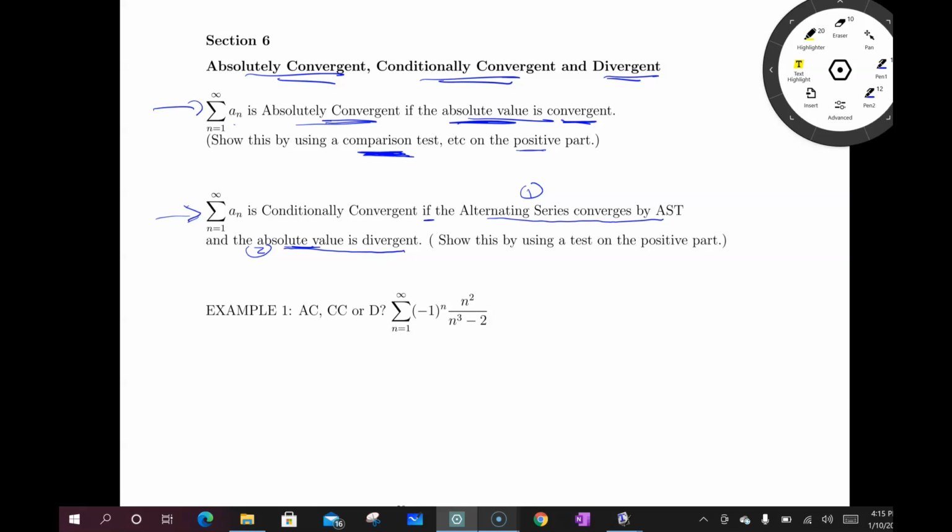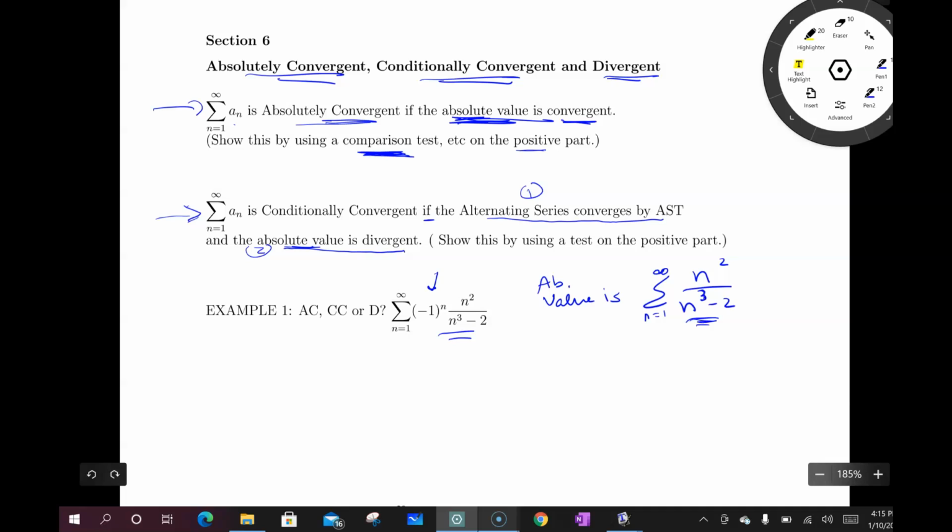So we can always go and check the absolute value first and see if it is absolutely convergent. So the absolute value of this is this, right? Because the n's are going from 1 to infinity.